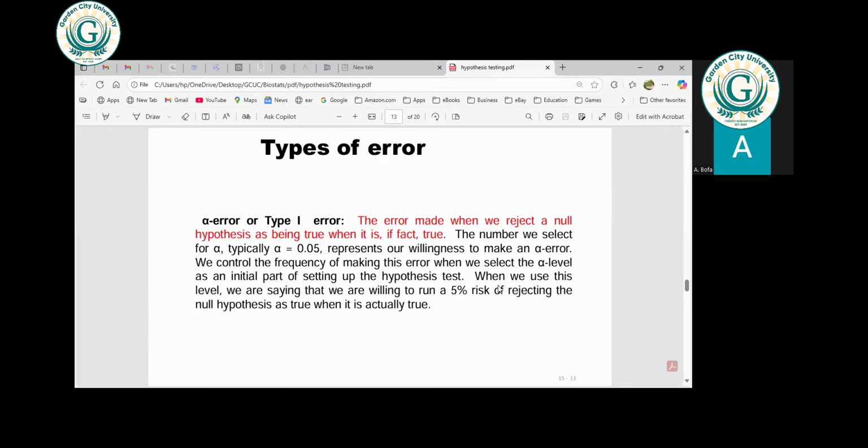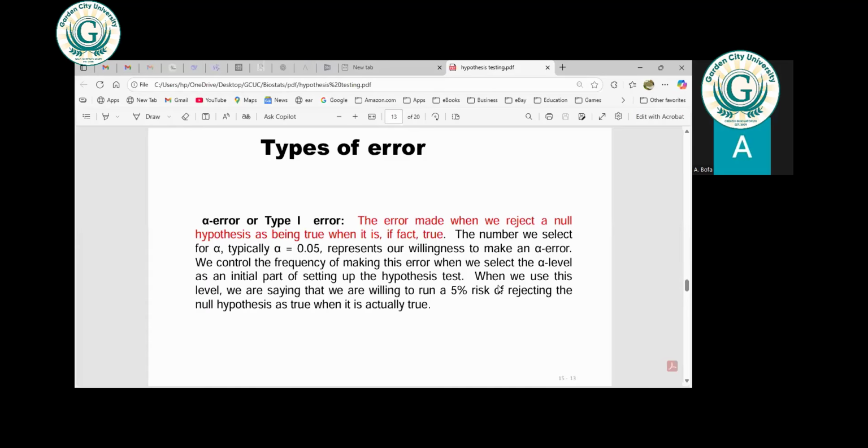We always want the type 1 error to be small, so that even if you make a type 1 error, it's somehow negligible. That's why for health-related research, in most cases, researchers will settle on 0.05 or 0.01.